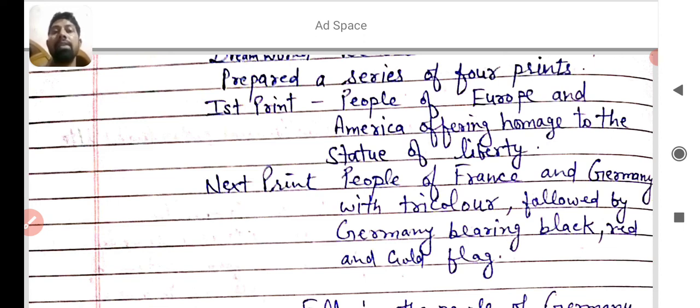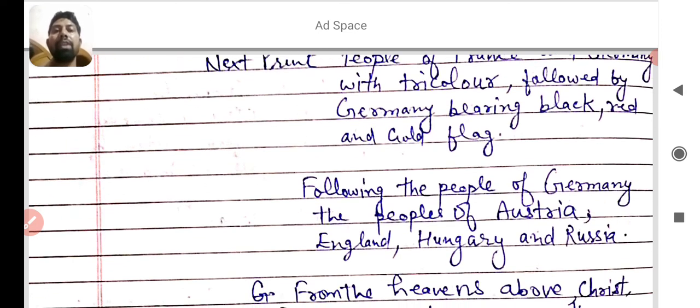In the next print, following the people of Germany, there were people of Austria, England, Hungary and Russia. They followed them.